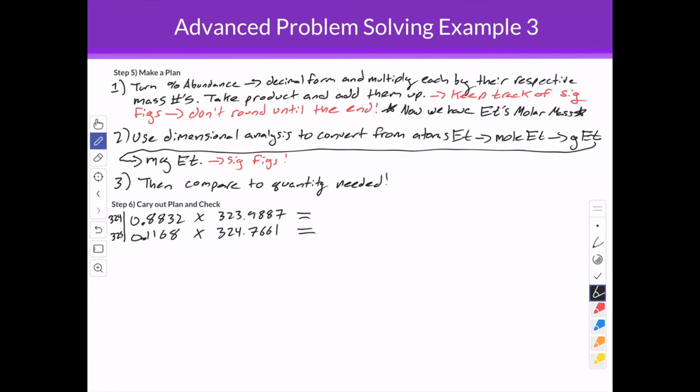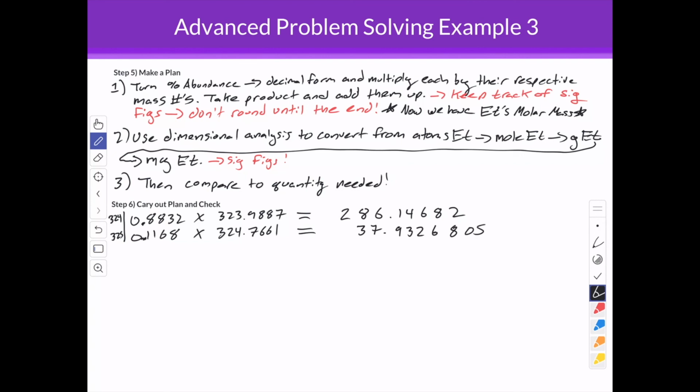Okay, now we do our multiplication. So 0.8832 times 323.9887 gives me 286.1468, and 0.1168 times 324.7661 gives 37.9326.